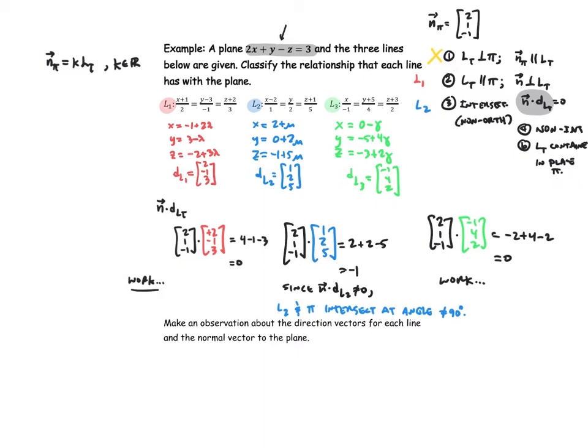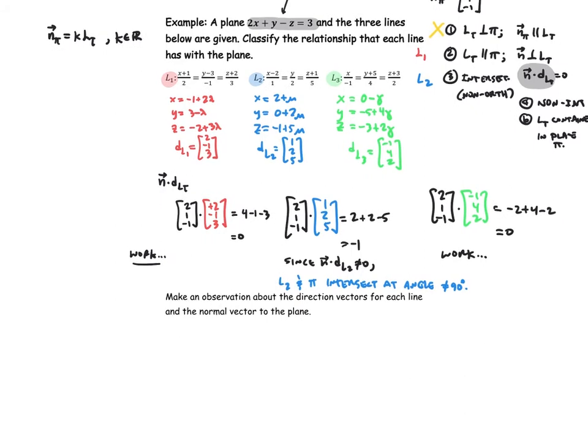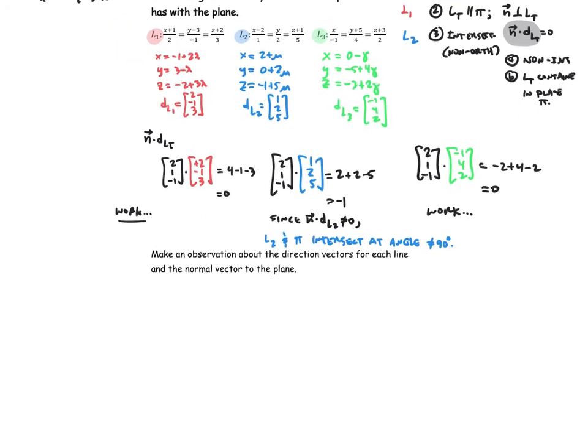So for each of these lines, I'm going to utilize some of my space below and just take something simple. I'm going to plug lambda equals 0 into my line for L1. So if lambda equals 0, then L1 is the following. I know that the initial point for L1 is -1, 3, -2. If I plug a 0 in for lambda, it doesn't matter what my direction vector is.